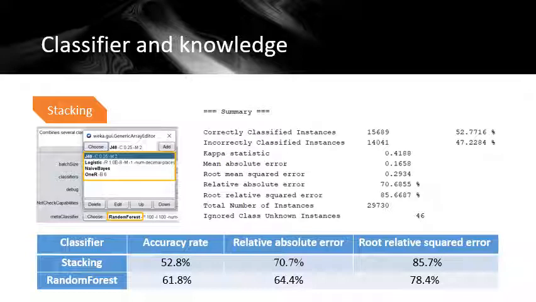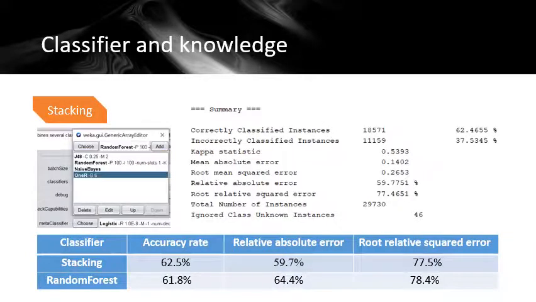So maybe random forest is not appropriate to be the meta classifier. So we tried some other classifiers as the meta classifier, and the best one is when we change the meta classifier into logistic. But actually this accuracy rate does not improve significantly, so the stacking method may not be a good choice in our analysis.